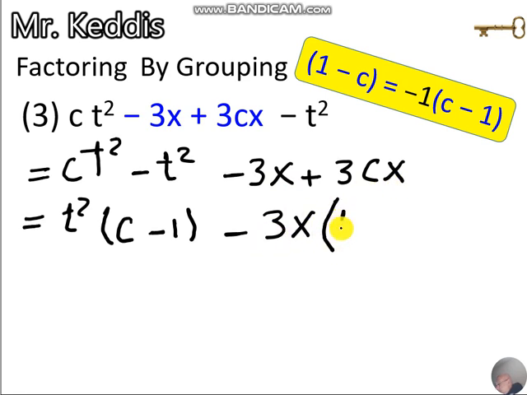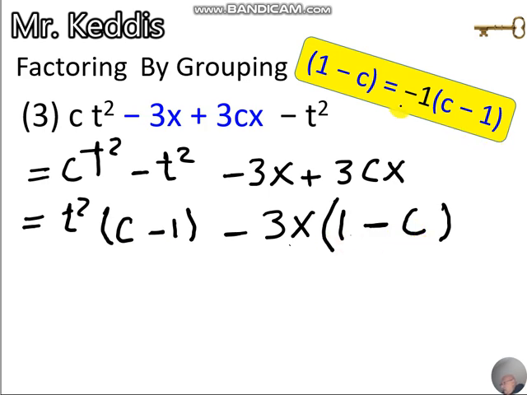I multiply this by 1 to get the first term, and here negative c, so if you multiply negative 3x times the negative c, I get positive 3cx. This is 1 minus c, and this is c minus 1. I need to switch this to c minus 1.